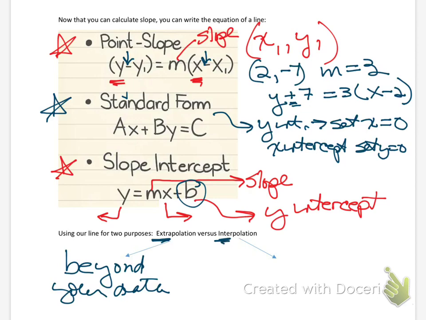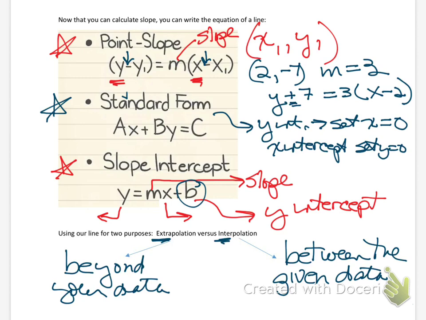You can also interpolate, which means you can figure out what's going on between the given data points. Okay, so that's two important reasons for analyzing lines. Now I'm going to do another blank page, and we're going to talk about standard form, point slope form, and slope intercept form a little bit more.